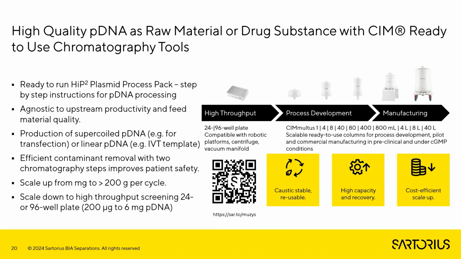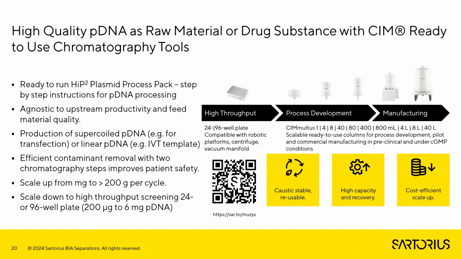This process package is agnostic to upstream productivity and feed material quality. It can be used for production of supercoiled plasmid, which is then dedicated for transfection or for vaccines, or linear plasmid in case of IVT templates.